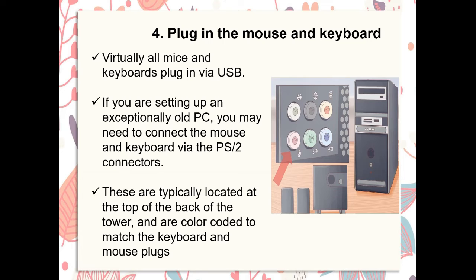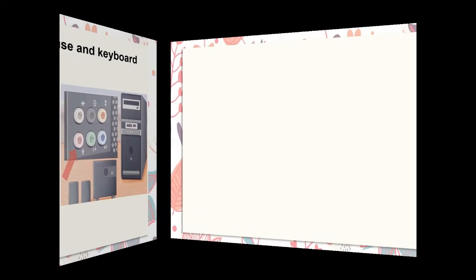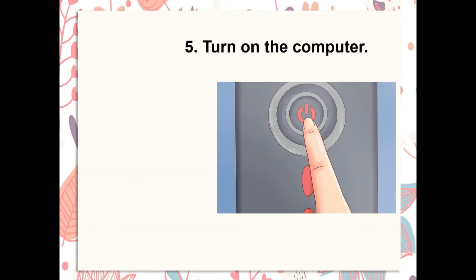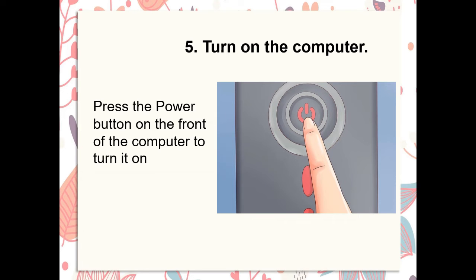These are typically located at the top of the back of the tower and are color coded to match the keyboard and mouse plugs. Number 5. After you have done all of that, don't forget to turn on the computer. Press the power button on the front of the computer to turn it on.